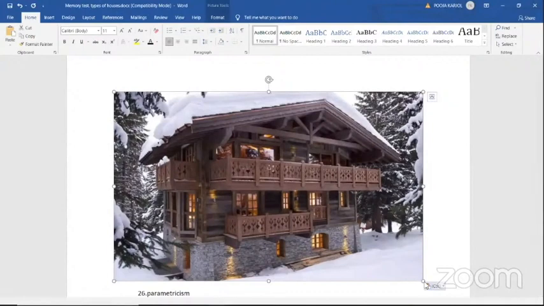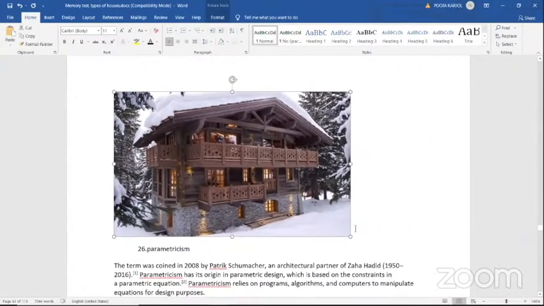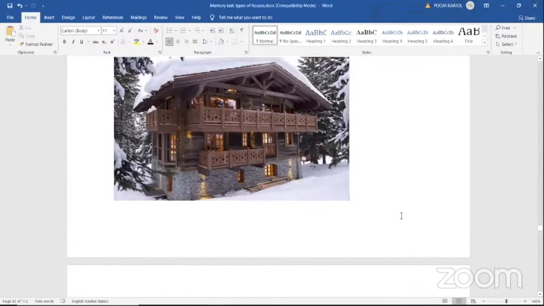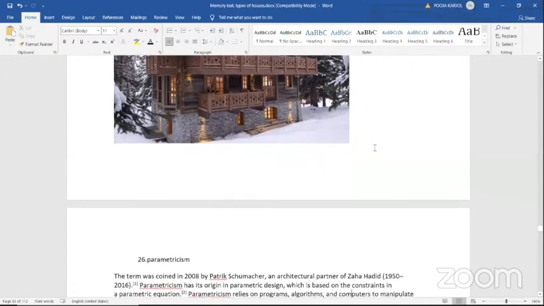This is a modern Swiss chalet house. Some of the features may not be there, but see, exposed construction beams. Can you see these? That is what they are. Any doubt?